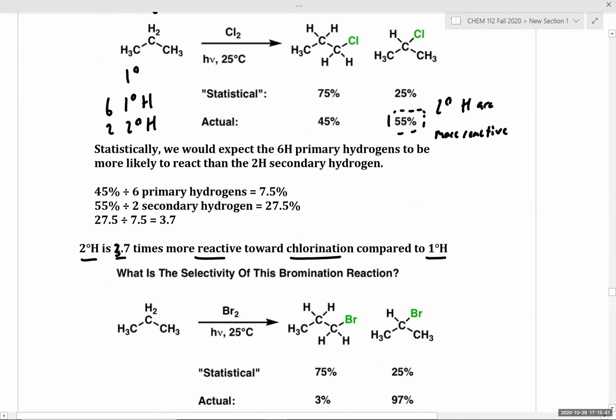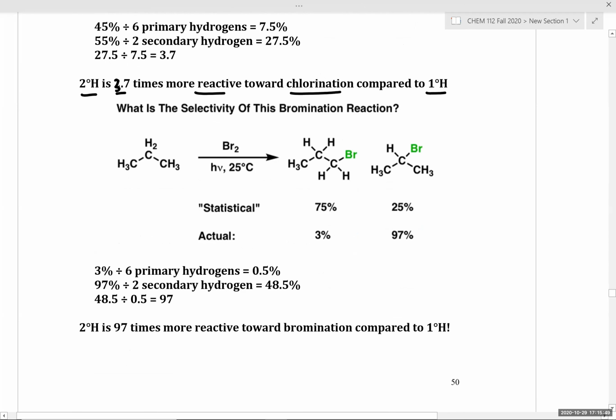Now, where we really begin to see something interesting is the selectivity for radical bromination, which is in general considered substantially more selective than chlorination, with the only caveat being you get substantially less reactivity. If we compare our statistical to our actual mixture, we notice that in our actual product distribution from radical bromination, our secondary product is heavily preferred.